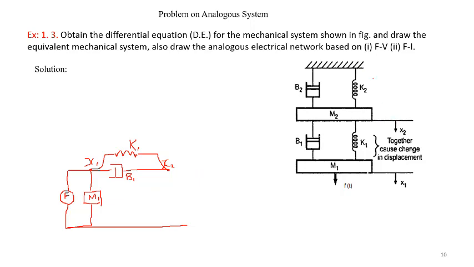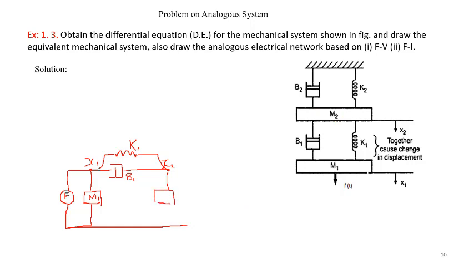Between the reference and displacement x2 we have the mass M2, damper element B2, and spring element K2. All three elements are in parallel, so they have the same displacement.